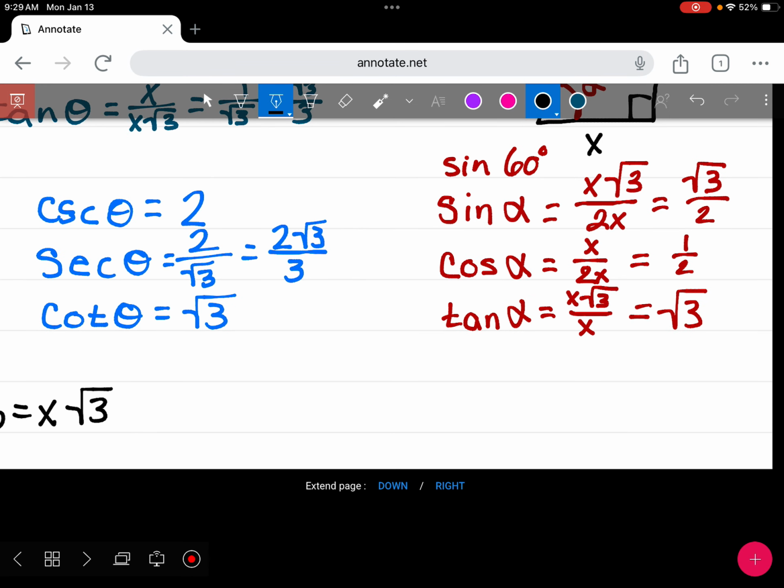Let's do our cosecant of alpha. What's our cosecant going to be? 2 over the square root of 3, which we're going to rationalize to be our 2 square root of 3 over 3.